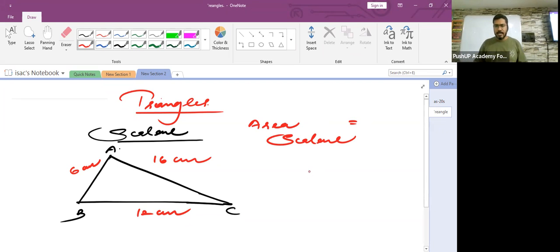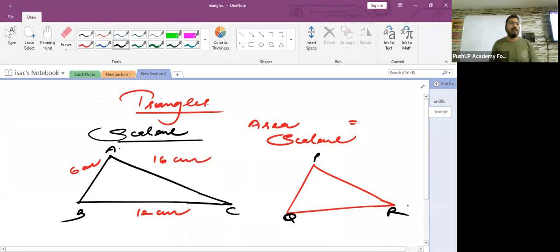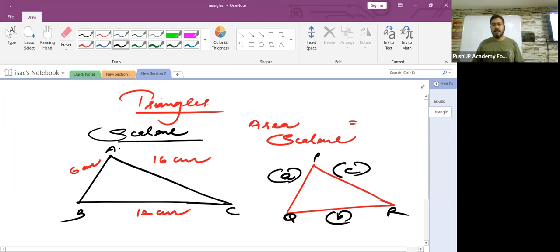Just a minute, children, I will draw one more scalene triangle over here. Say, for example, it is triangle PQR. Imagine PQR is a scalene triangle. I'm telling you, side PQ is equal to small letter A, QR is equal to small letter B, and PR is equal to small letter C. Now, what does this A, B, and C represent?